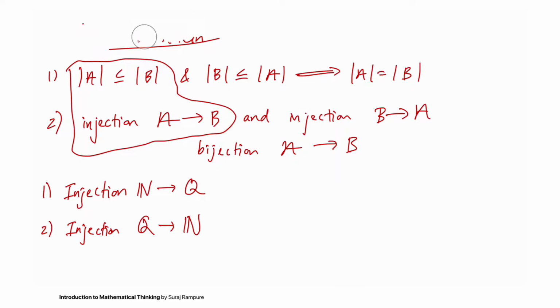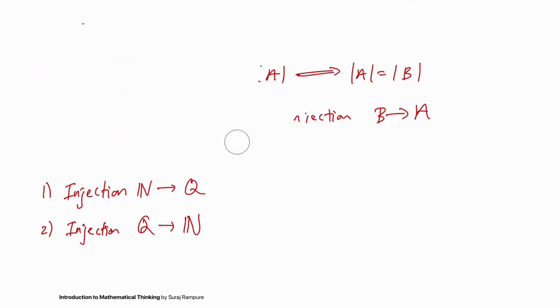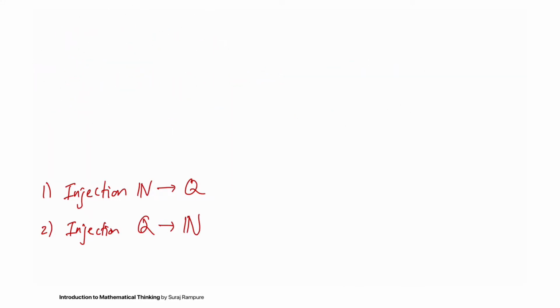Okay? So first, let's establish the injection between the naturals and the rationals, okay? And the only condition we need for an injection is that it doesn't map 2 elements in the natural numbers to the same rational number, okay? And it's fairly easy to find this injection. It just maps element x to x, right?